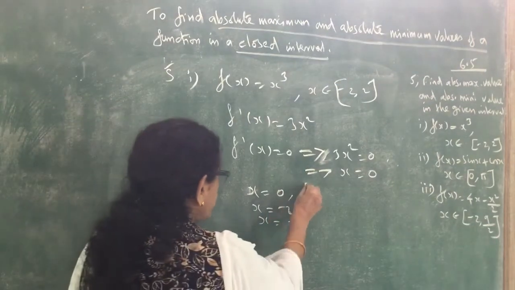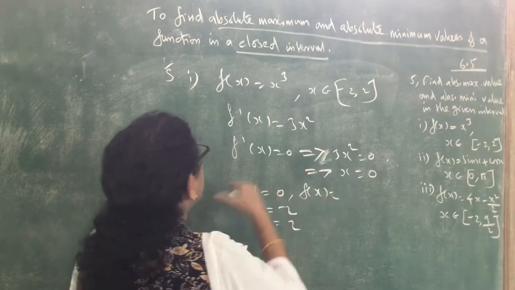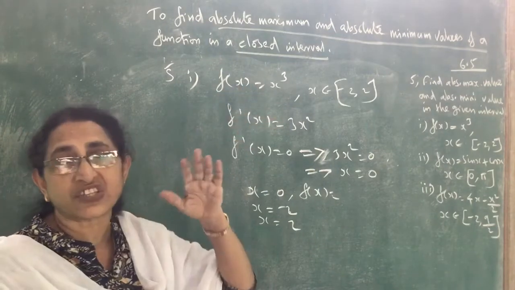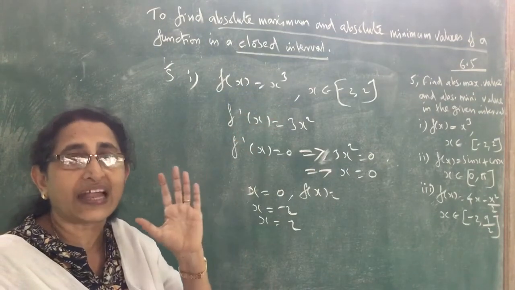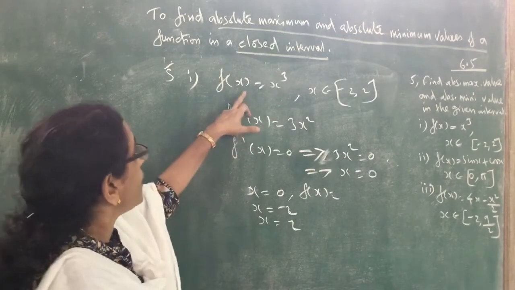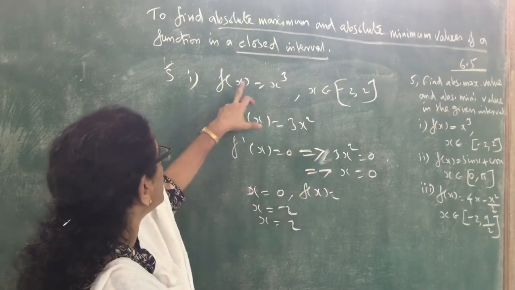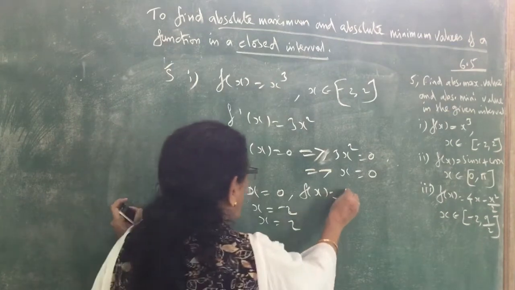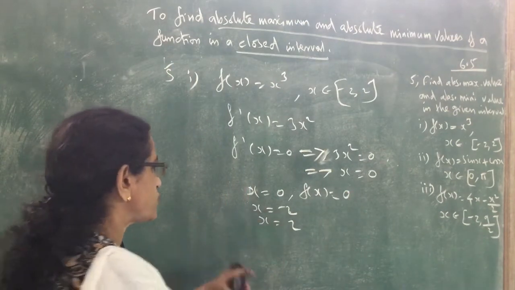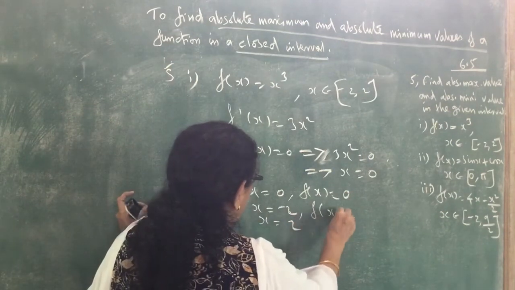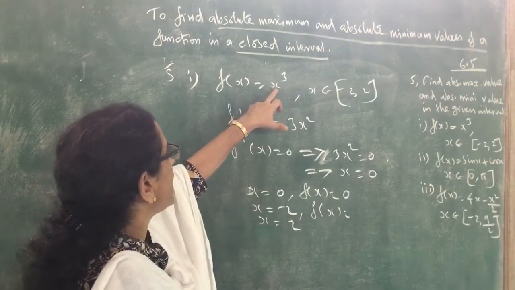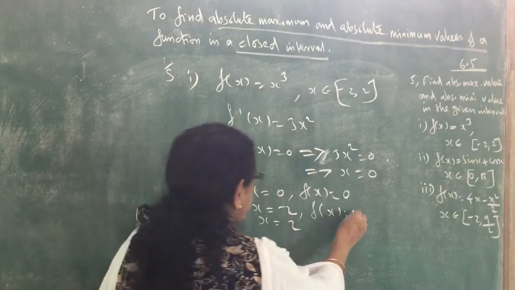When x equal to 0, f of x equal to 0 cube, that is 0. When x equal to minus 2, f of x equal to minus 2 cube, that is minus 8.